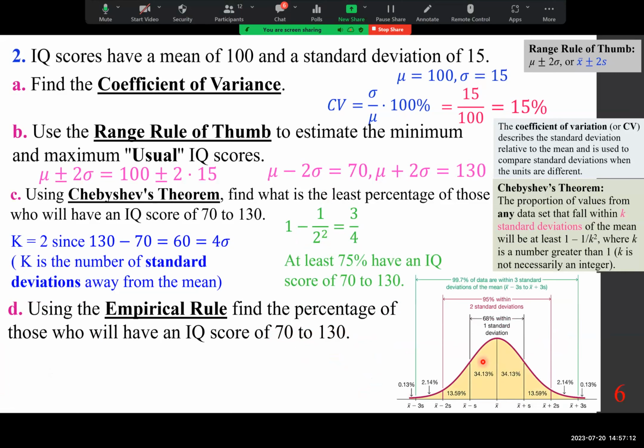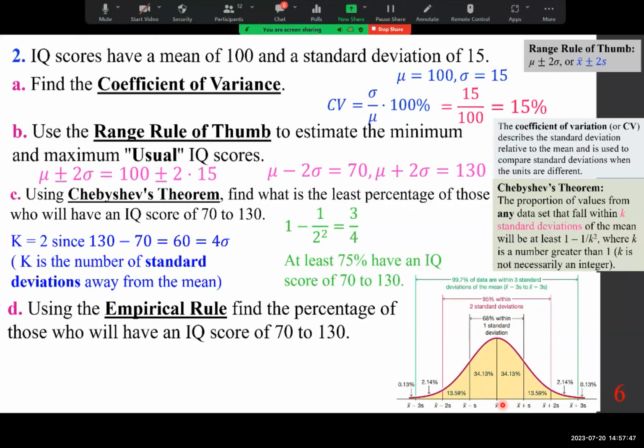We have a normal distribution, a bell curve, where here's the middle of the data or the mean, and the whole area under the curve is 1. So we have 0.5 on each side. Now, if we start from the mean and we go 1 standard deviation away, it covers about 68% of the data.